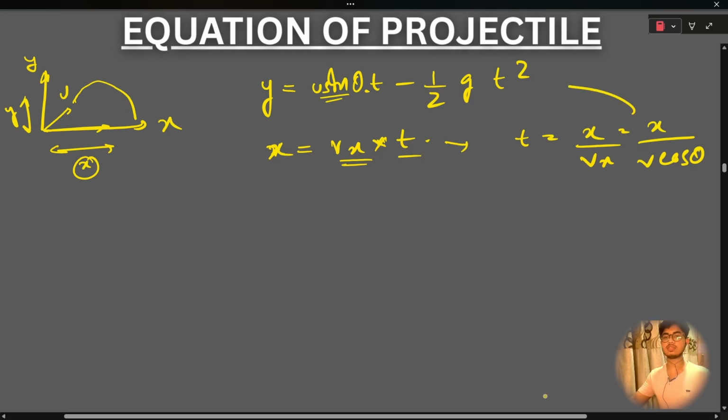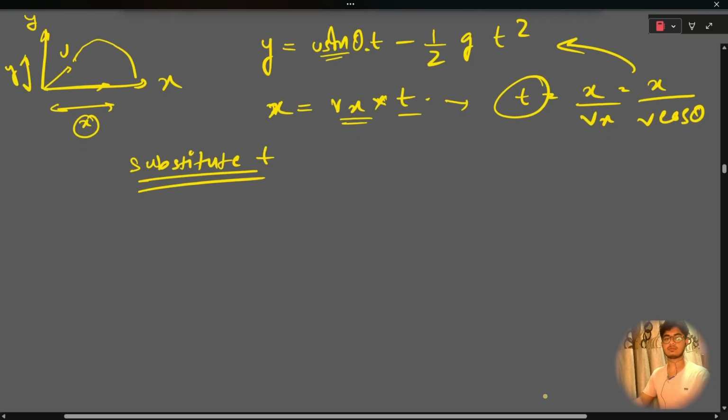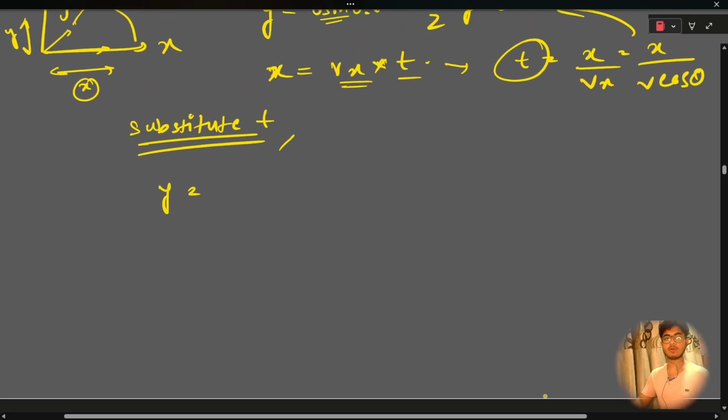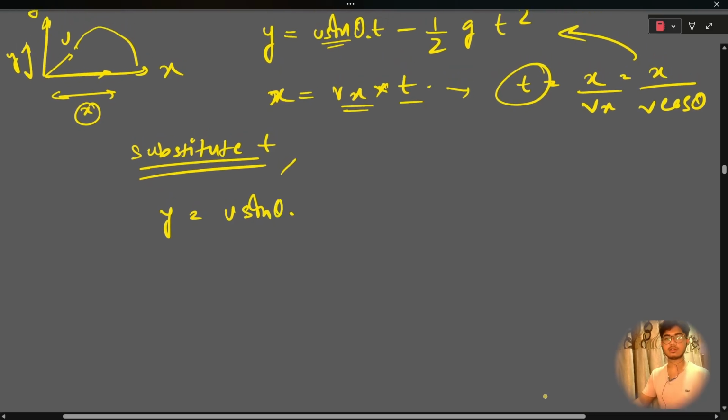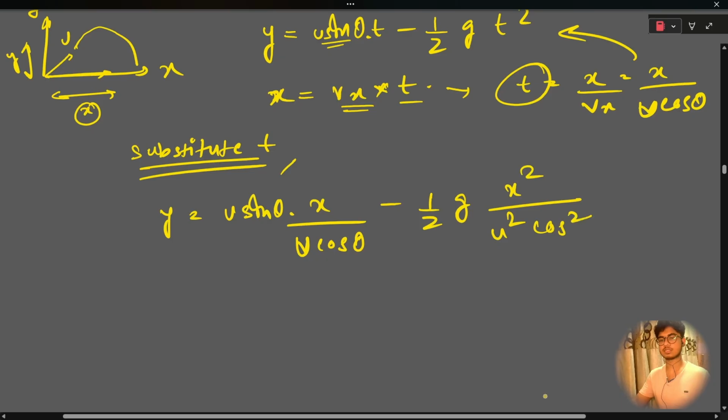So I'll just put this in this equation, substitute t. So it will be y equal to u sin theta into x by u cos theta minus half g x square by u square cos theta whole square.